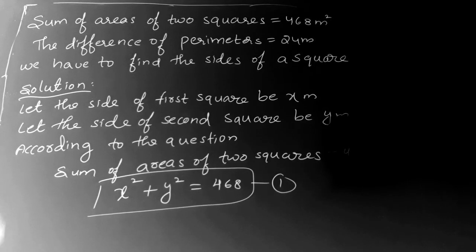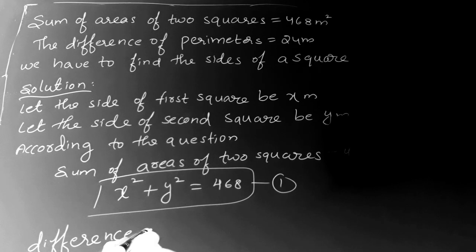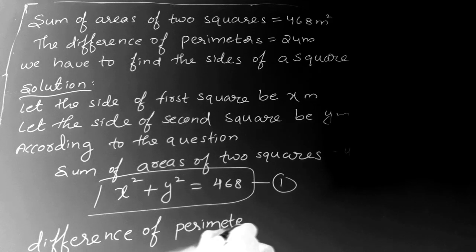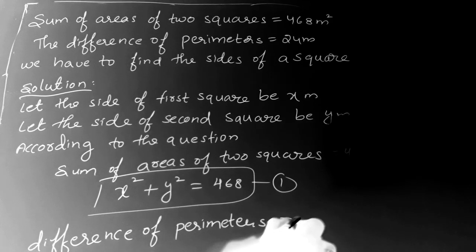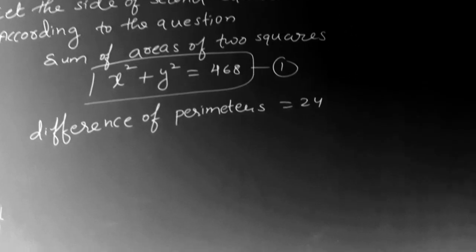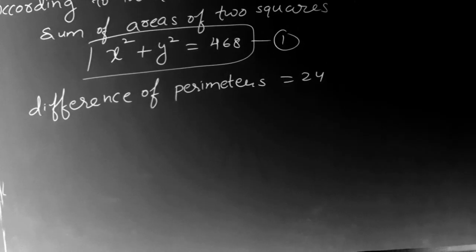One more condition is given: the difference of perimeters is equal to 24 meters. What is the perimeter formula? 4 into side.